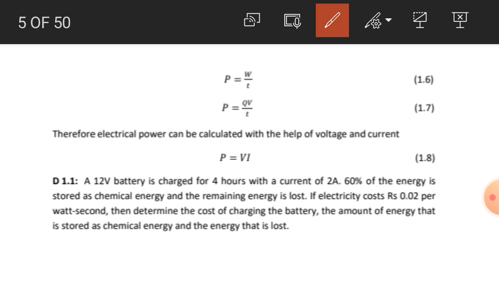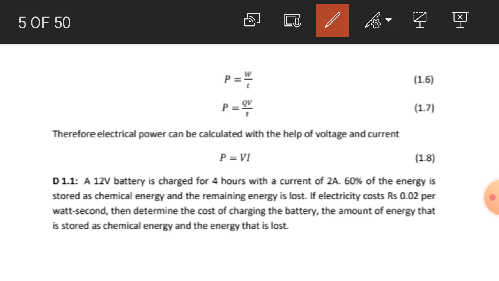Out of the total electrical energy, 60% will be stored in the battery as chemical energy, and 40% of the total energy will be lost. If electricity costs rupees 0.02 per watt second, then determine the cost of charging the battery, the amount of energy that is stored as chemical energy, and the energy that is lost.